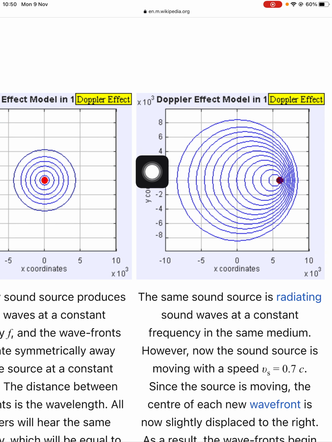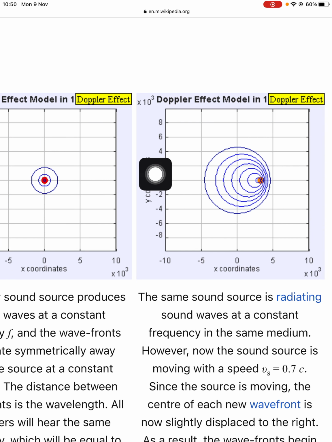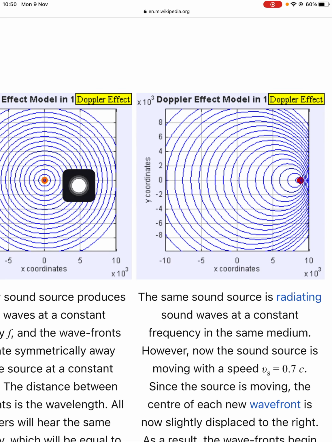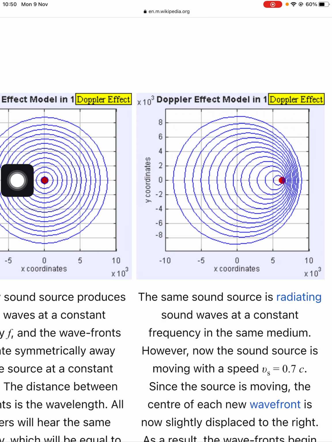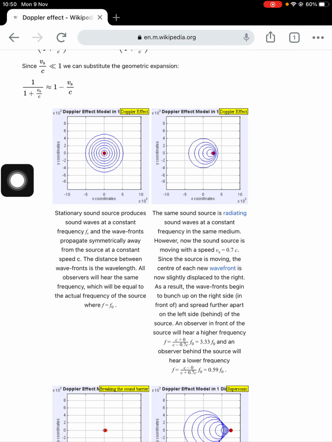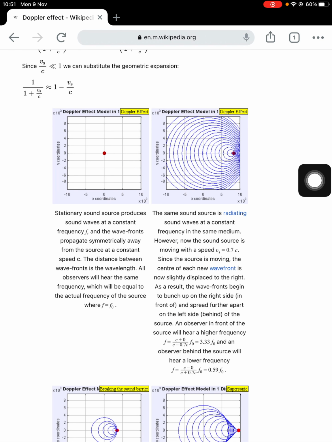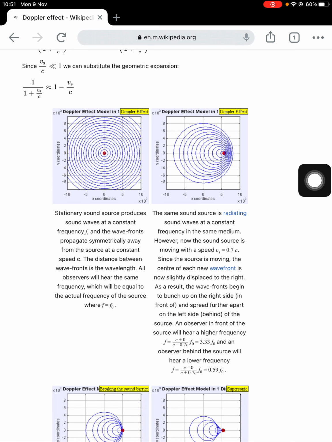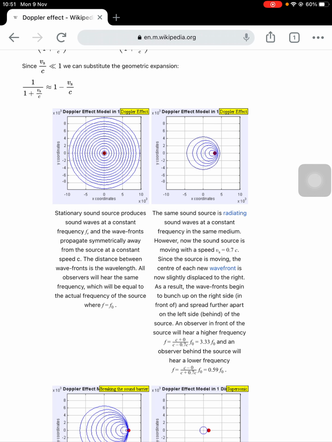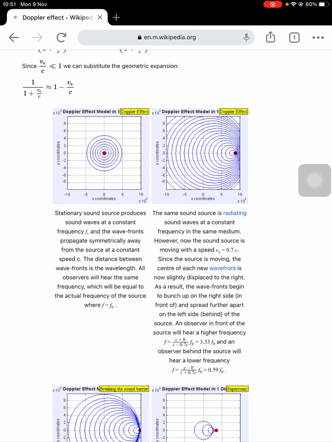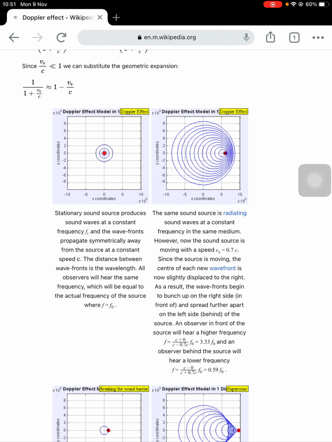On the other hand, the frequency that the listener can detect is going to be lower than the frequency that the point source emits. So that's called the Doppler effect. Actually, it's not only limited to the point source moving, but it can also be the listener moving toward or away from the point source.